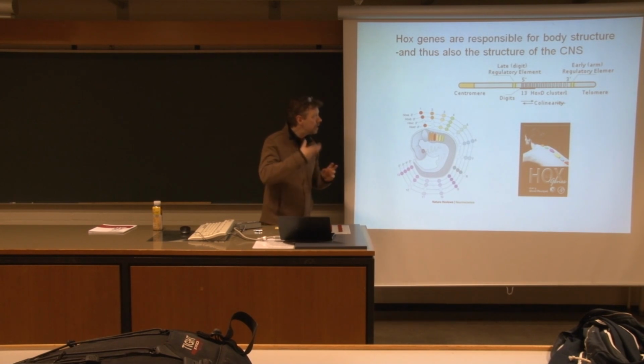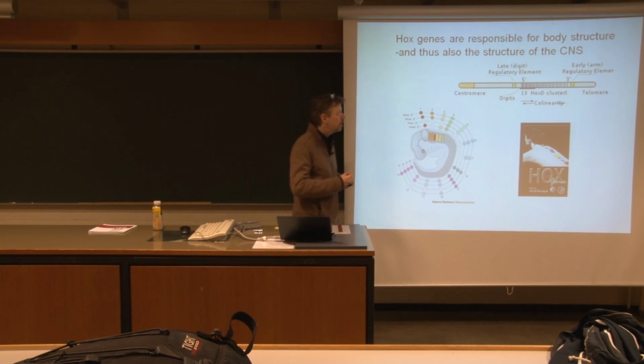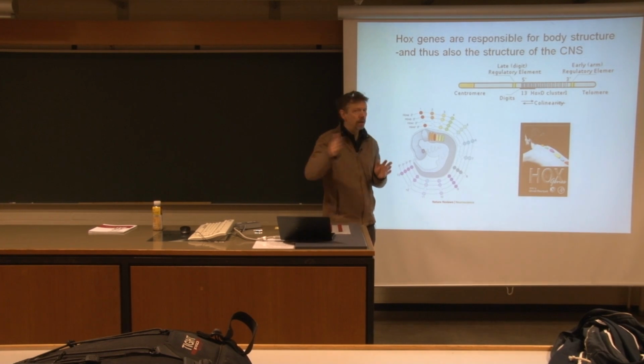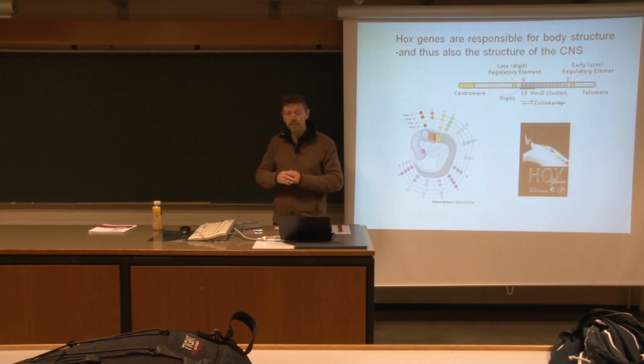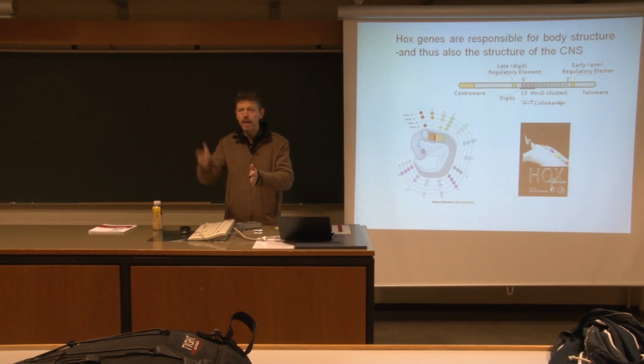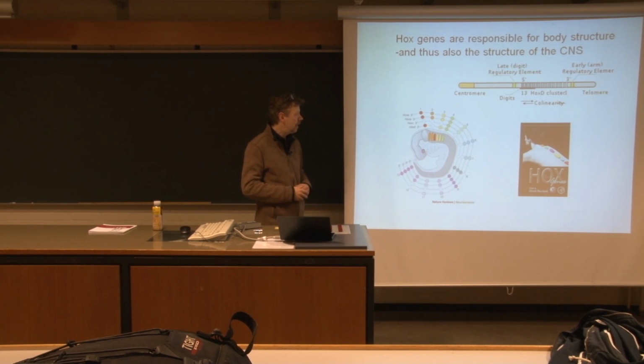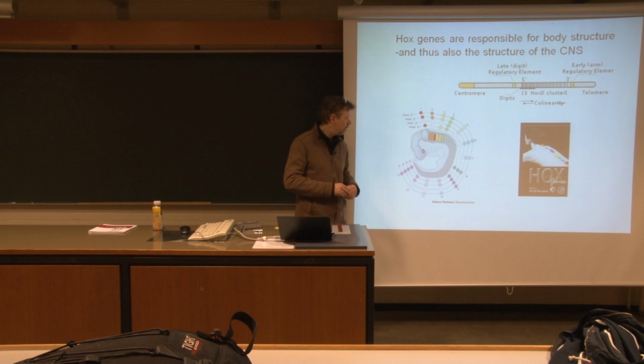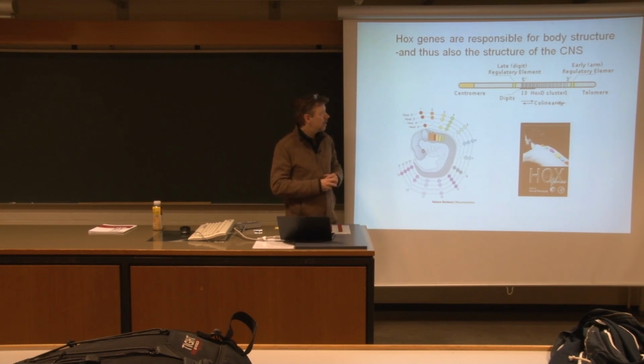So it's regulator genes which sort of call upon a specific sequence of genes, like a full package, which will sort of define where is the leg, where is the arm, where is the head, where is the caudal part of the organism, where is the cephalic part of the organism, what is ventral, what is dorsal, etc.